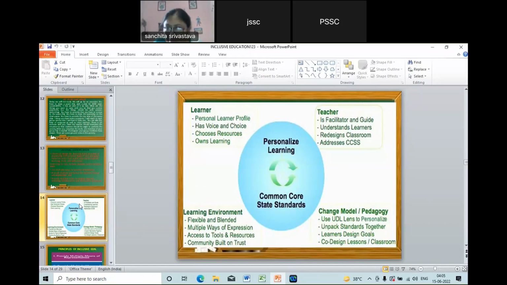That means their parameters, their understanding, their representation, and their expression are different. And the next point is, when you are dealing with learners today, it is not the rote learning method where what the teacher says, the student has to learn. Since it is learner-centric, the student has a voice and has a choice.